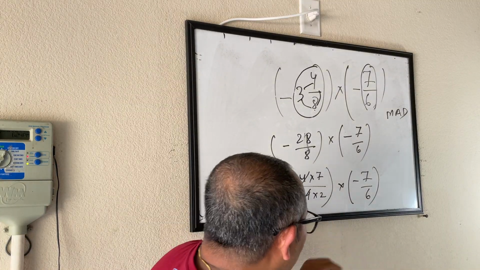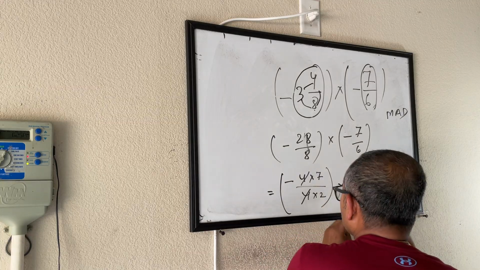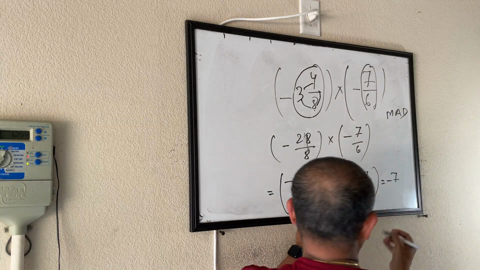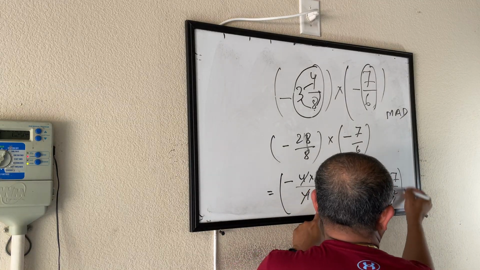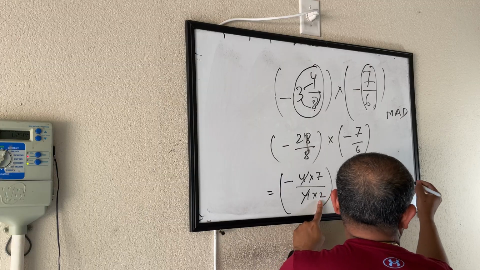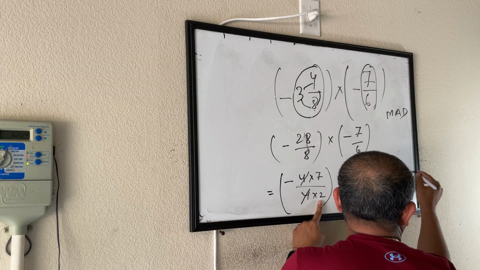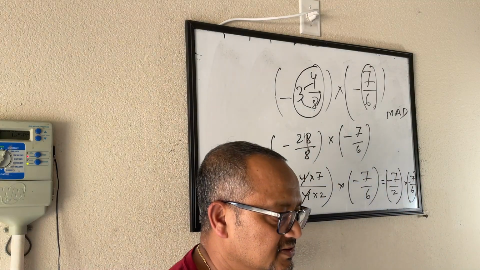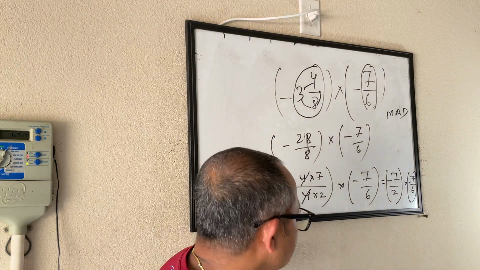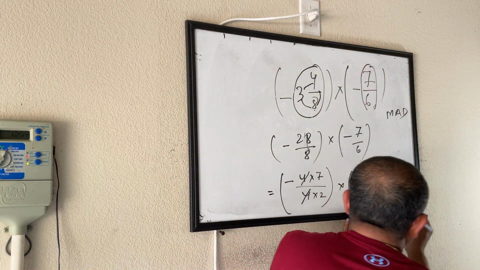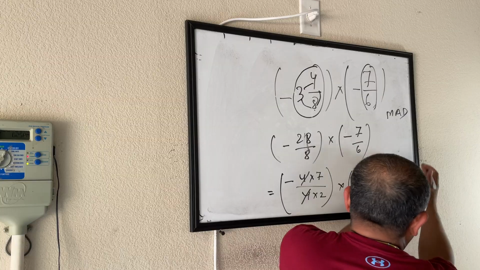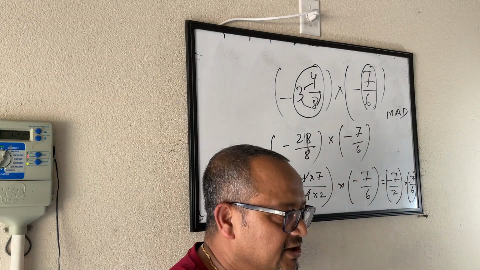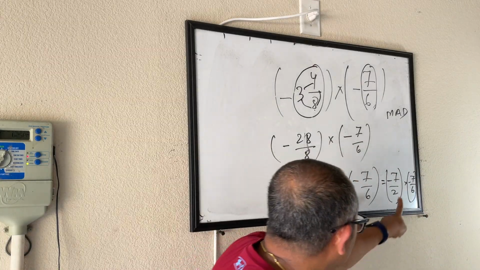Now, life has become much simpler, right? Minus 7/2 multiplied by minus 7/6. Now you see that you cannot simplify it further. It is already in the most simplified form.